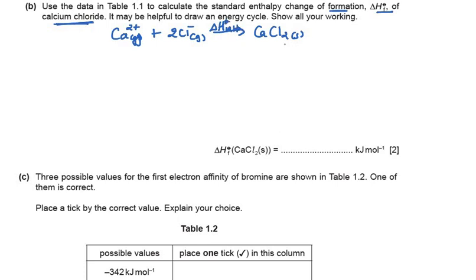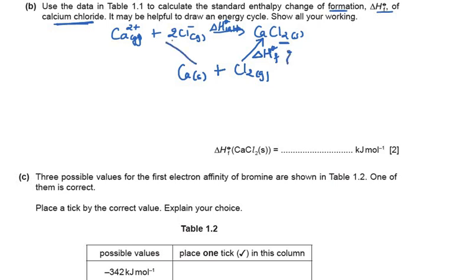Now we need to calculate the enthalpy change of formation of calcium chloride. So let me draw a smaller energy cycle. I write calcium in the solid form in its standard state and chlorine in gaseous form in its standard state, and this energy change is delta H formation, that is the enthalpy change of formation, and this is what we have to calculate.